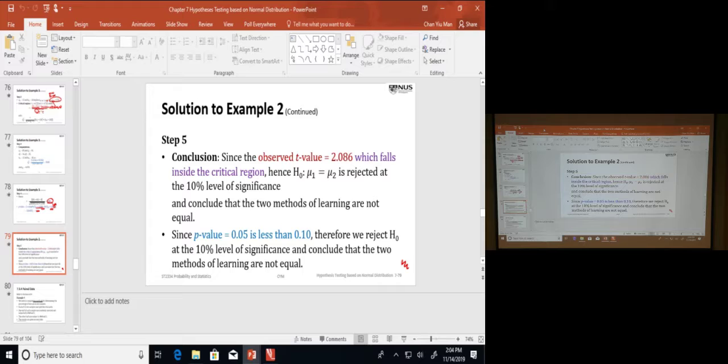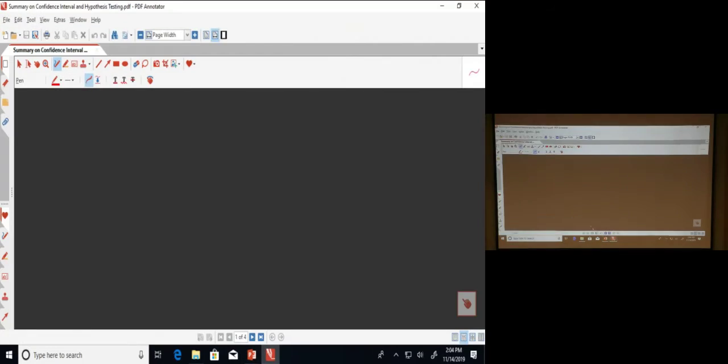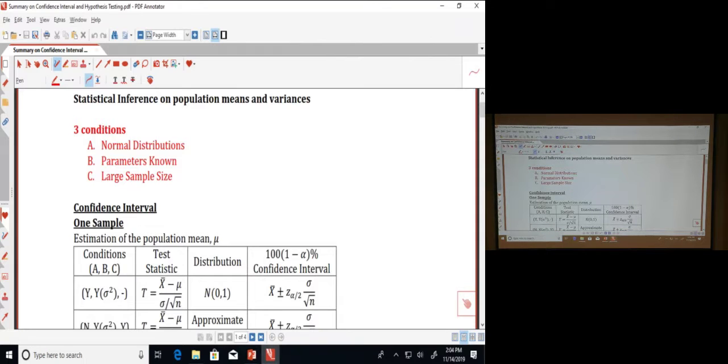Chapter 7, hypothesis testing. It seems that many of you may have some problems, and are confused by so many things. But I would like to point out, basically this is what we need.